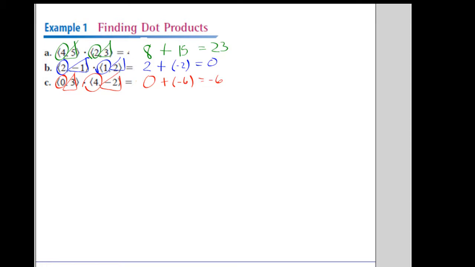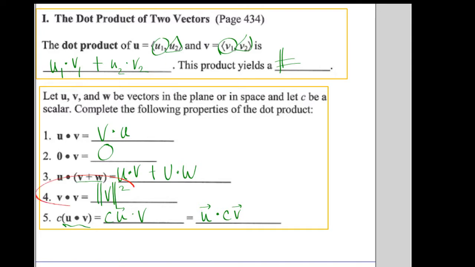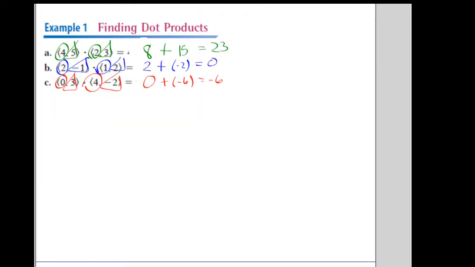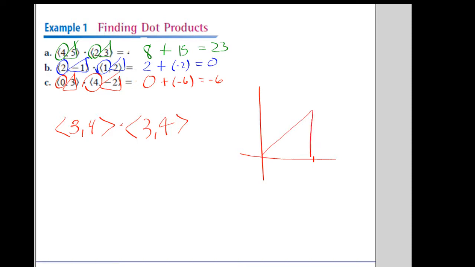Looks great. Looking back at this previous property though, number 4, v dot v. Let's take a look at a quick example. So say we've got, I don't know, 3, 4 dot the same vector. Now if we were to draw this vector, it'd be over 3 up 4.